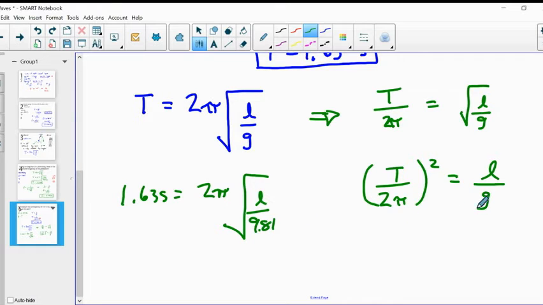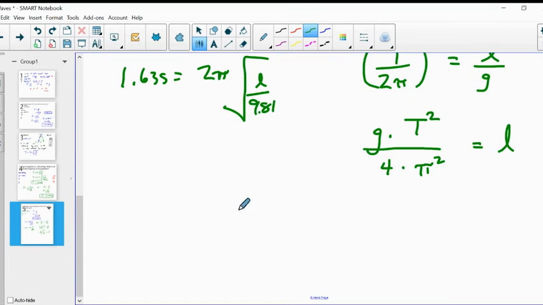Now what I can do is multiply both sides by g. So I'm going to get g times T squared over 2 squared, that's 4 pi squared. And that will give me my length. All right, so that's not so bad.